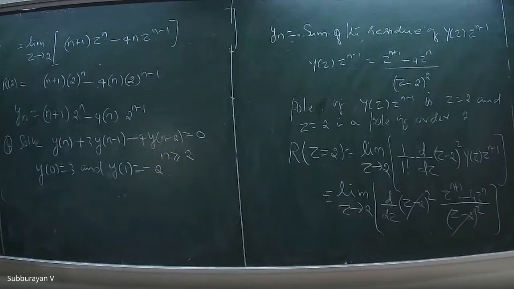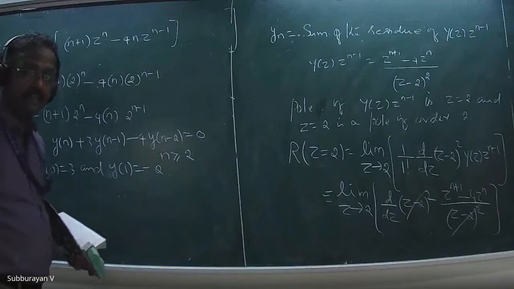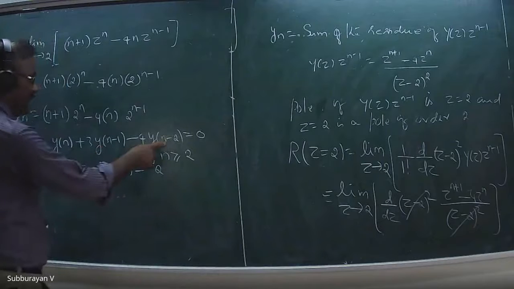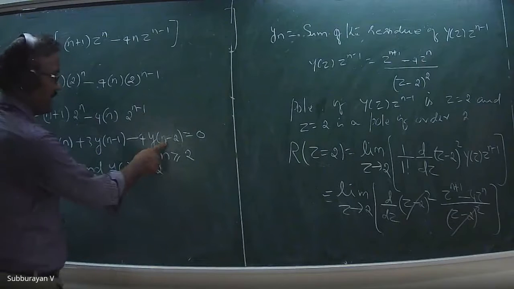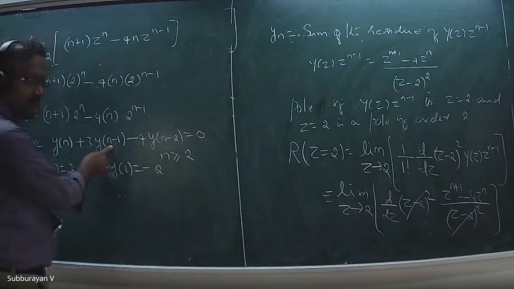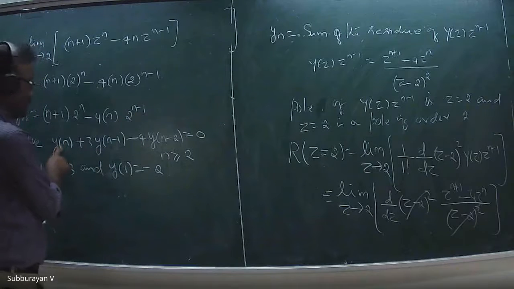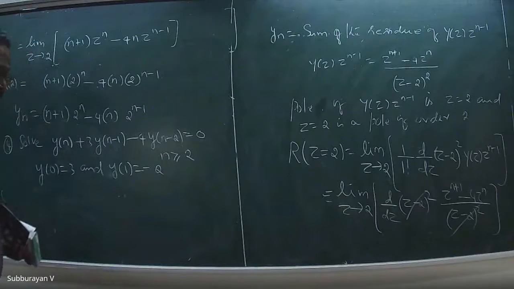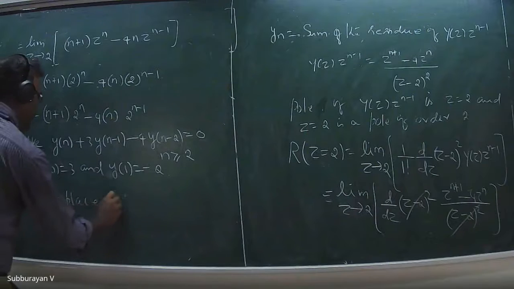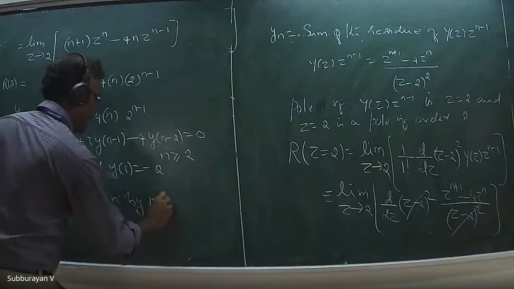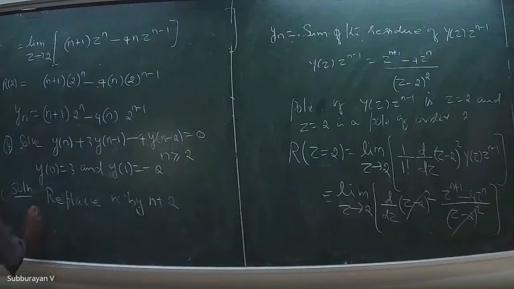You replace n by n plus 2 in order to make them positive indices. Therefore, you will get n here, and here it will be replaced as n plus 1, and here as n plus 2. So, solution: replace n by n plus 2.